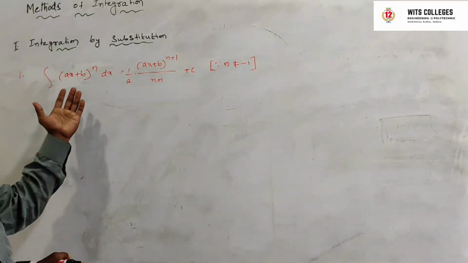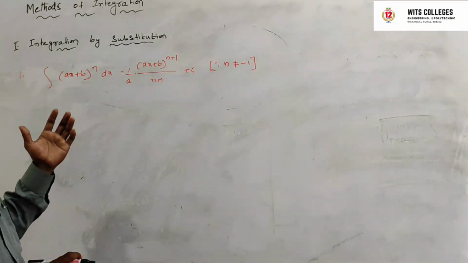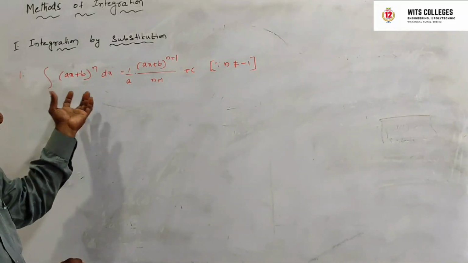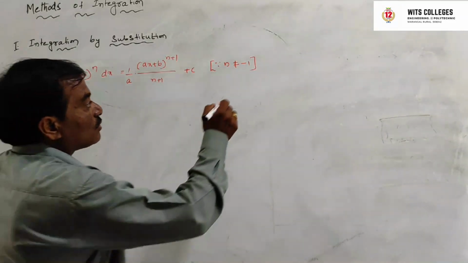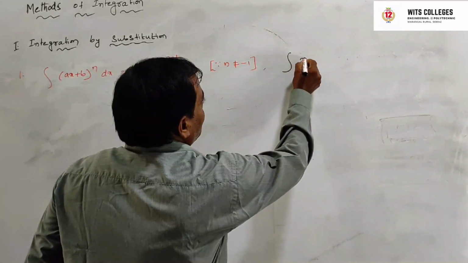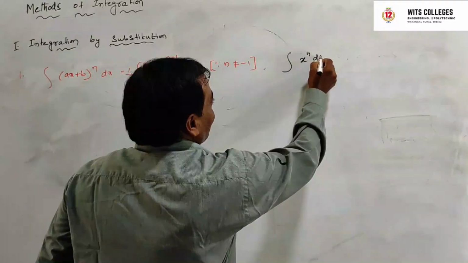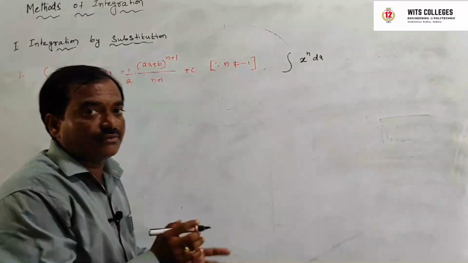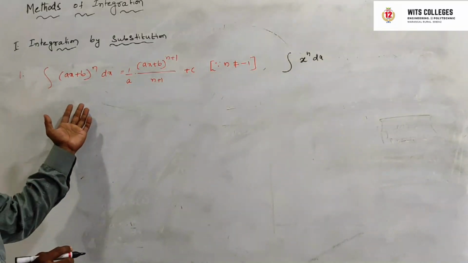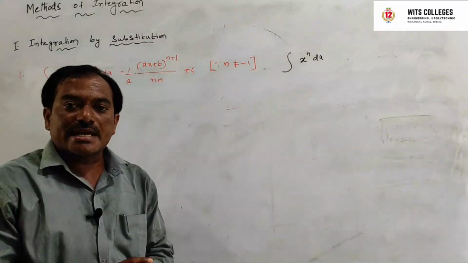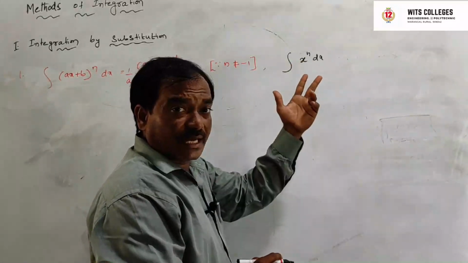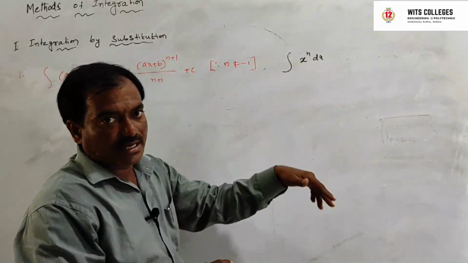Observing this integration, we recall one of the standard forms, integral x to the power of n dx. This is the standard form, so we have to convert the given integral into this kind of standard form. The formula for this standard form is x to the power of n plus 1 by n plus 1.